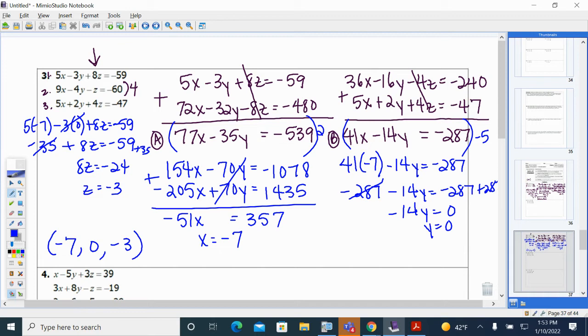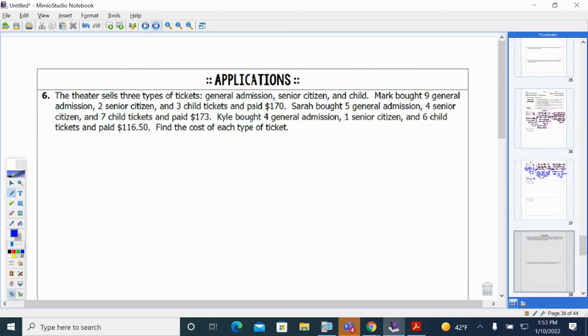All right. So we do need to look at some word problems. I'll go through one of these. I might set up 2 of them just so that you can see the process for setting it up, but I'm only going to solve one for time's sake. So question number 6 says the theater sells 3 types of tickets: general admission, senior citizen, and child.